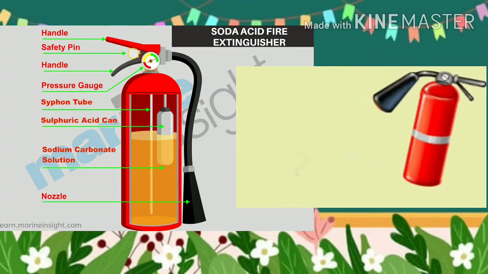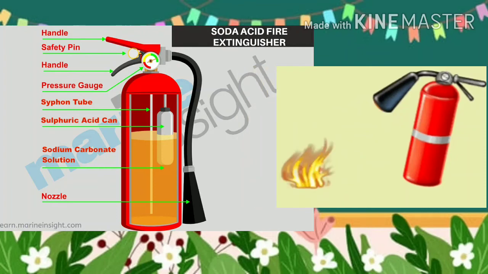When the cylinder is inverted and the nozzle is pressed, the acid reacts with sodium carbonate to produce carbon dioxide gas. This carbon dioxide gas is used to extinguish fire.